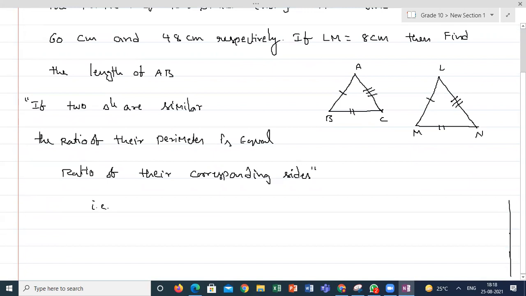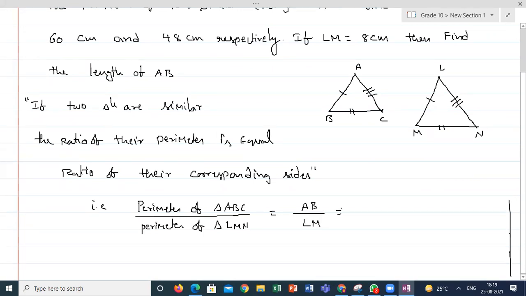In mathematical form, the perimeter of triangle ABC divided by the perimeter of triangle LMN will be equal to AB by LM. The perimeter of triangle ABC is 60. The perimeter of triangle LMN is 48. The length of AB I have to calculate.